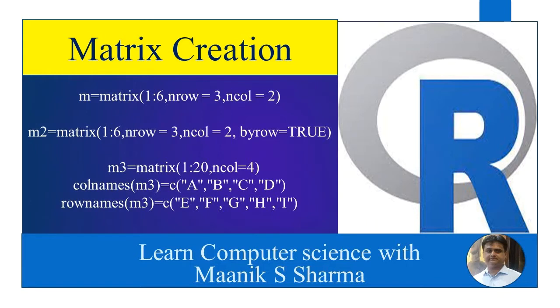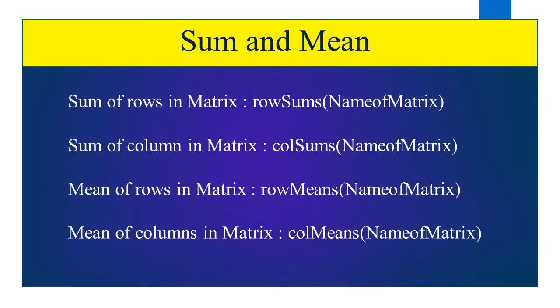It needs to be noted that the names of columns and rows have to be put in double quotes. Furthermore, if you are interested in finding the sum and means for rows and columns of a matrix, you may use rowSums, colSums, rowMeans, colMeans for the same.